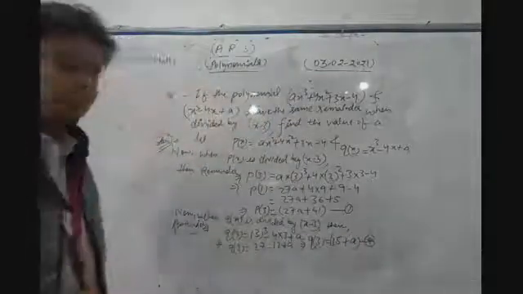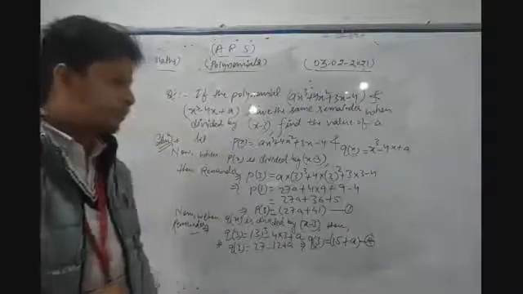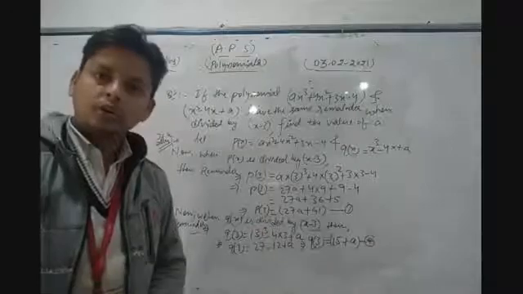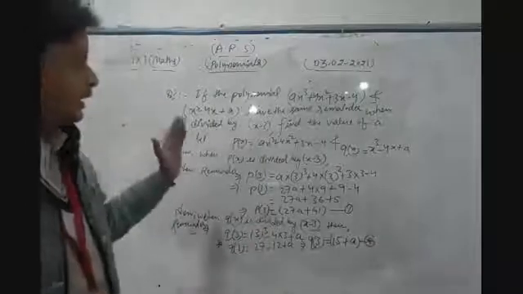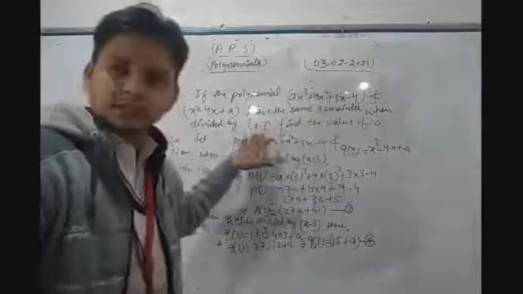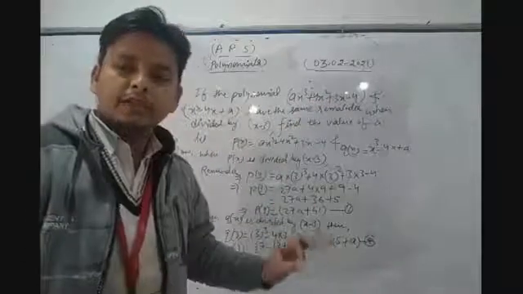So first of all, dear students, in that question we find the remainder in each case. Now according to the question, when both the polynomials are divided by x minus 3, they leave the same remainder.